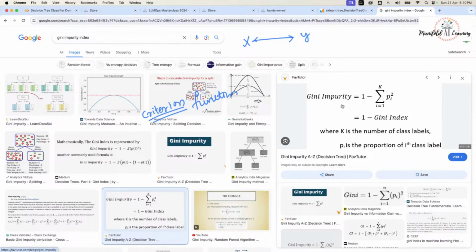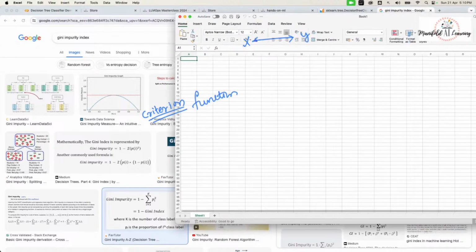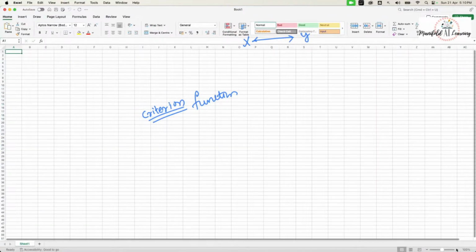Now the question is, how does it help the system by looking at this Gini impurity index? For our better understanding, let's consider an example data set.